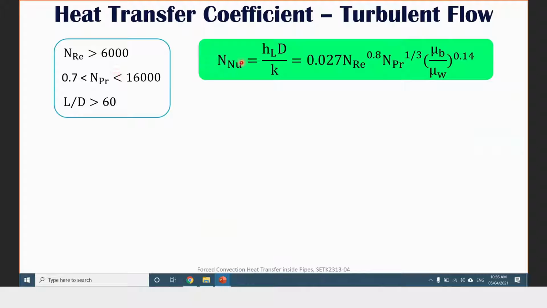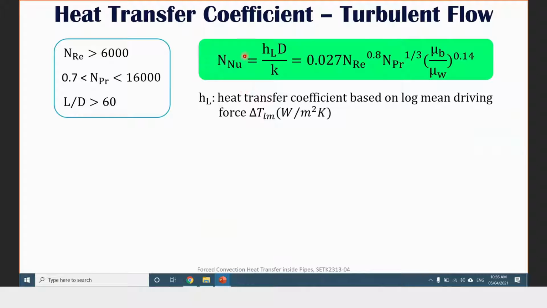Again, we are calculating the Nusselt number, so we can use this. You will usually be given the diameter and the thermal conductivity, and then everything else to calculate this. So you can calculate the heat transfer coefficient based on the log mean driving force. In this case, the driving force is the temperature.